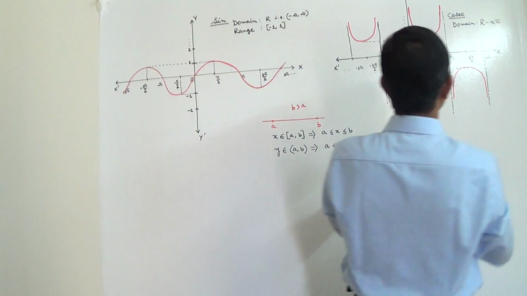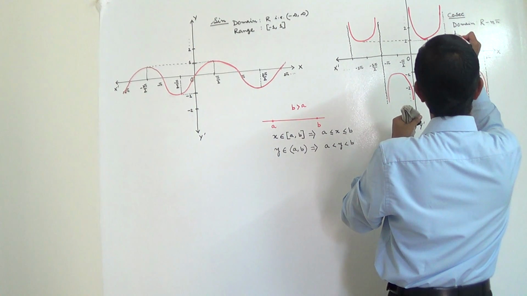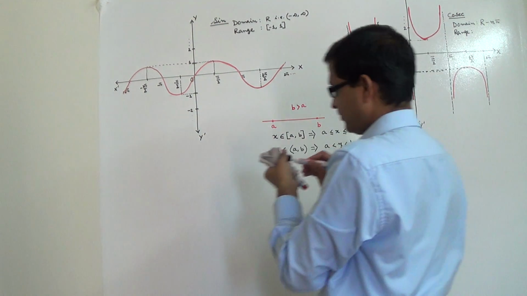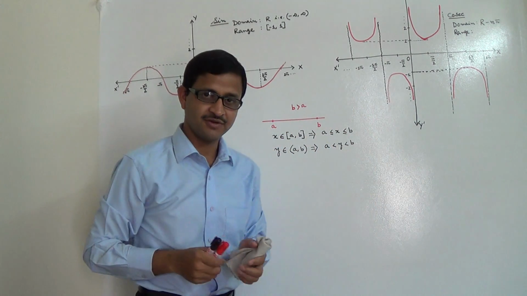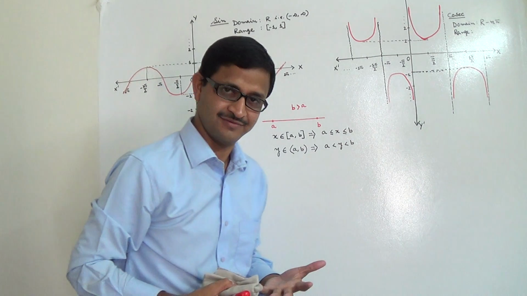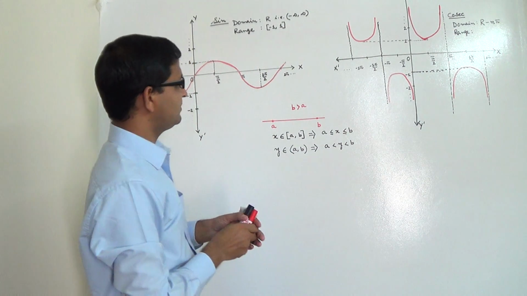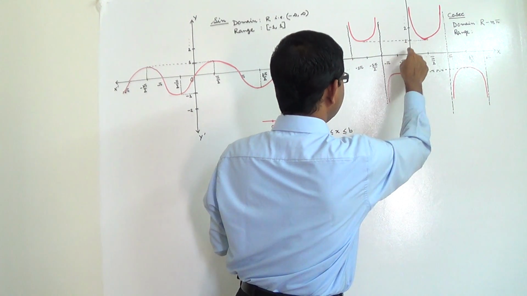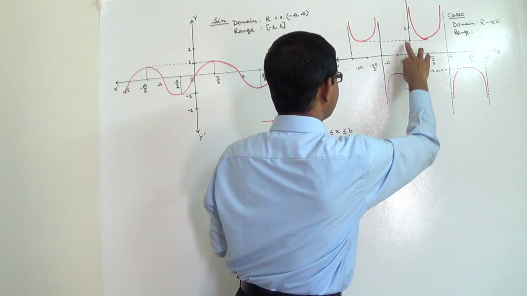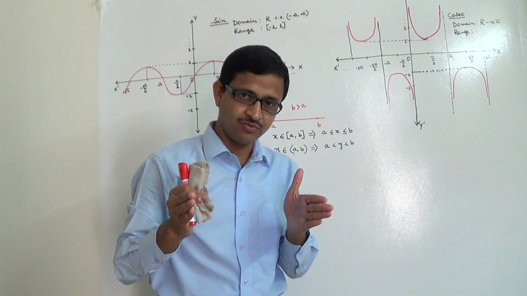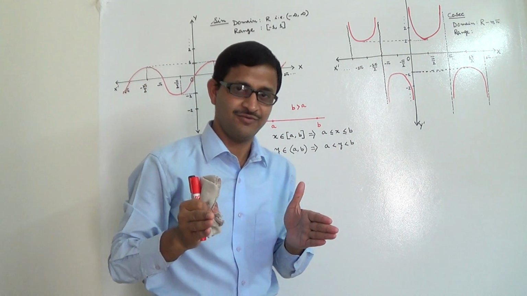And what is the range? Just a quick recap: range is all the values that the function can return. We see that the cosec function can return anything except -1 to +1. Apart from -1 to +1, it can return any value.